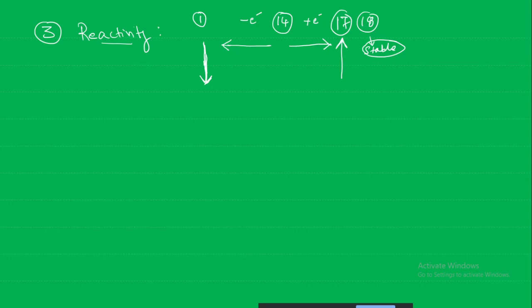Always go back to the periodic table and check, 1 to 14: sodium, magnesium, aluminium, silicon. Silicon is less reactive, sodium more reactive. So in this way you will not only try to remember this, like taking a snapshot, you will also correlate it with the actual elements, and you will remember much better.